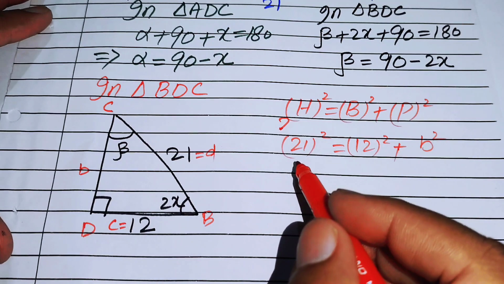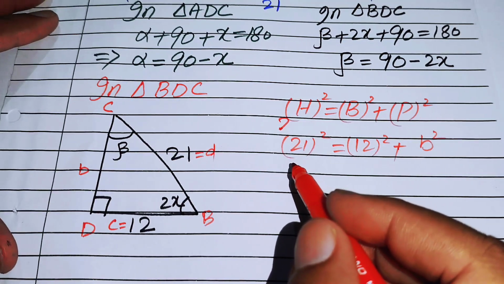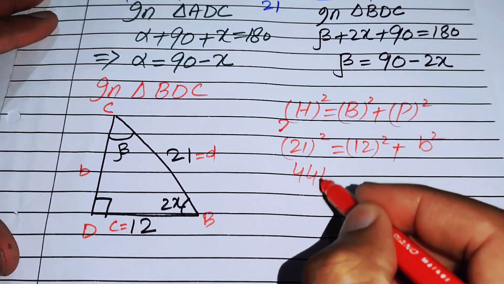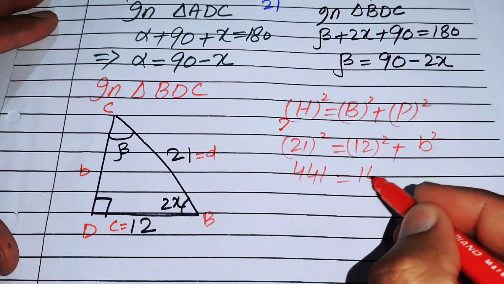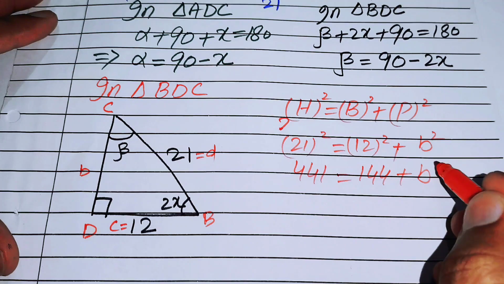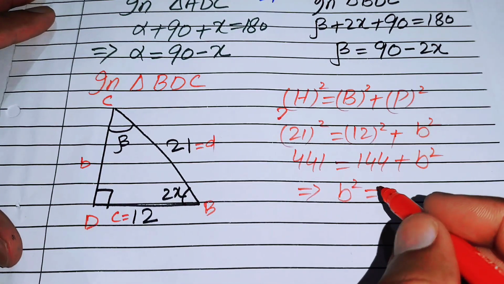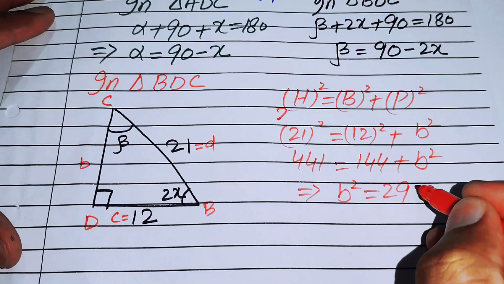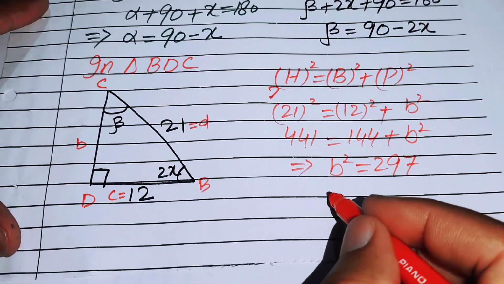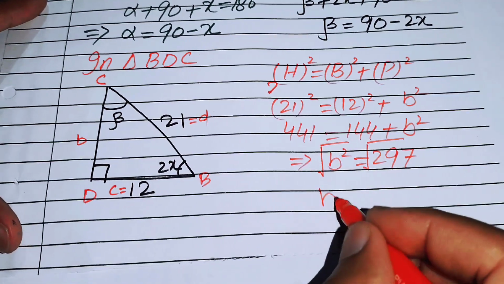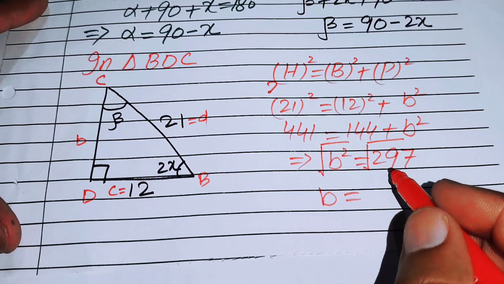So the square of 21 is equal to 441, which equals 144 plus b square. This implies that b square is equal to 297, and now taking the square root on both sides, we get b is equal to square root of 297.